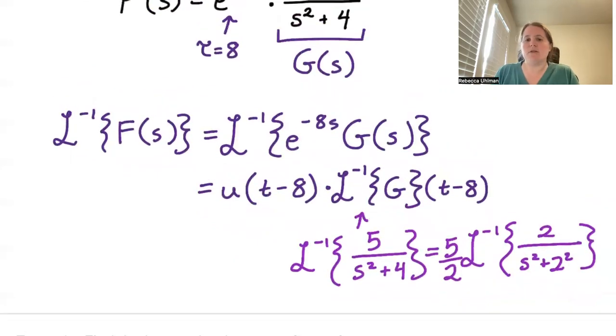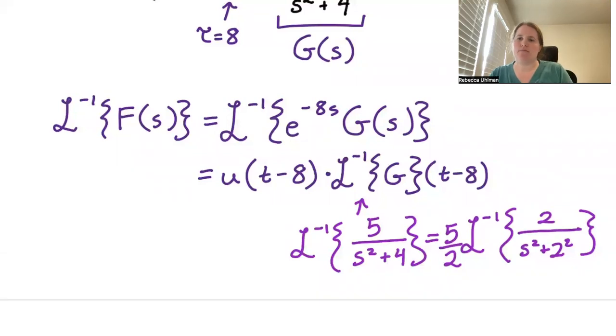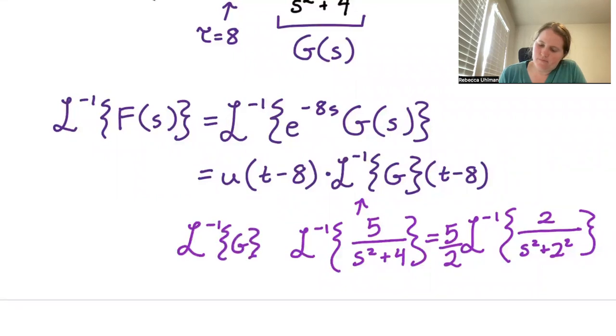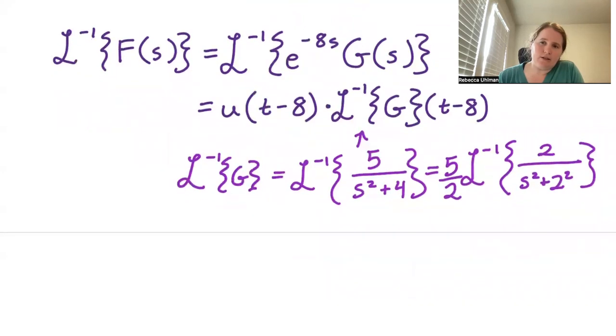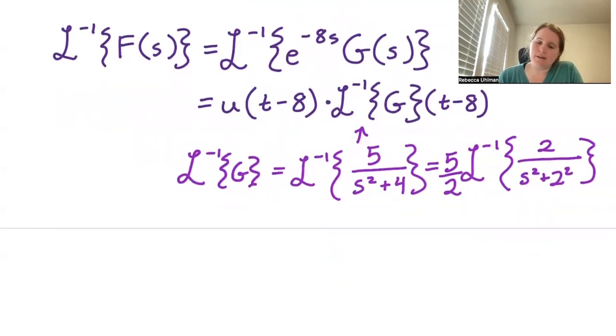So this is our inverse Laplace transform of G, of course. We are looking at 5 halves times the inverse Laplace transform of 2 over s squared plus 2 squared. That is just sine of 2t.